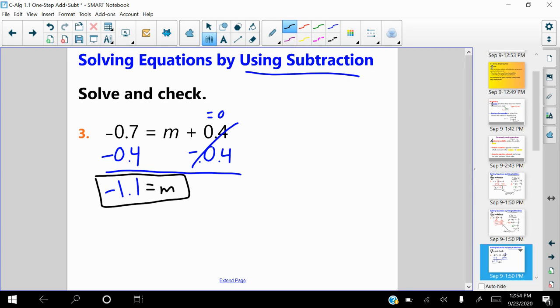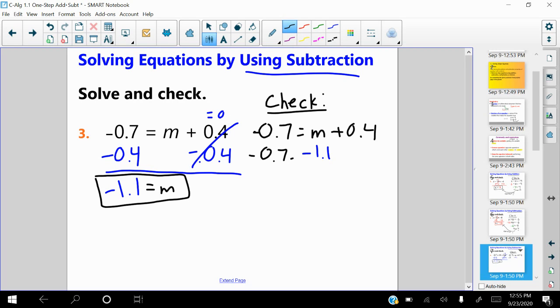And now let's check our answer to make sure that our answer is correct. So we go back to the OG. Don't forget your negative. We're going to substitute in the value that we received for our m, which is negative 1.1, and everything else is going to drop down.